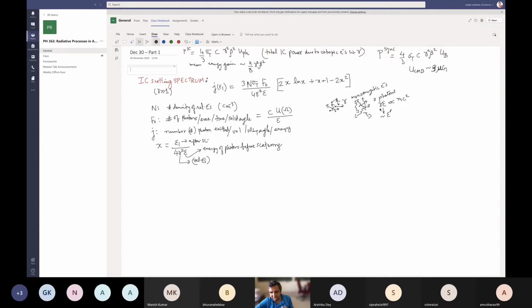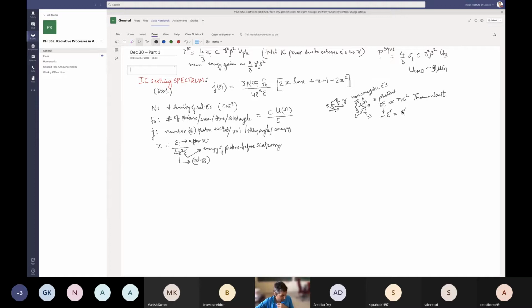So basically this is the mean energy of photons in the electron rest frame, and we are assuming this so that we are in the Thomson limit. And so there is no loss of energy in the electron rest frame. So the energy after scattering is the same as the energy before scattering in the electron rest frame.